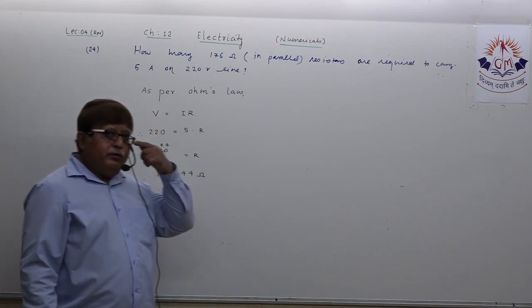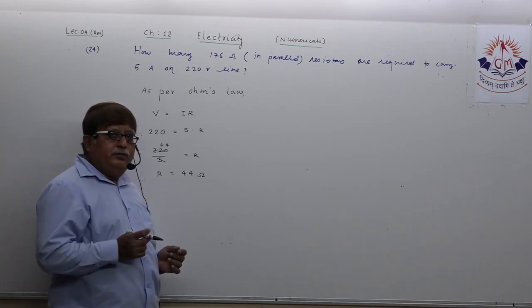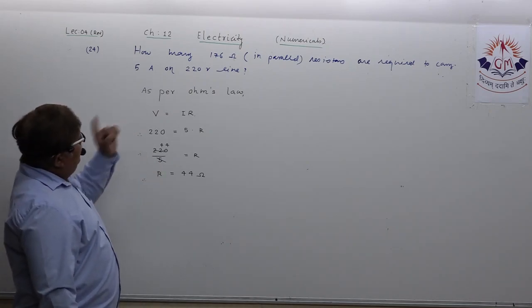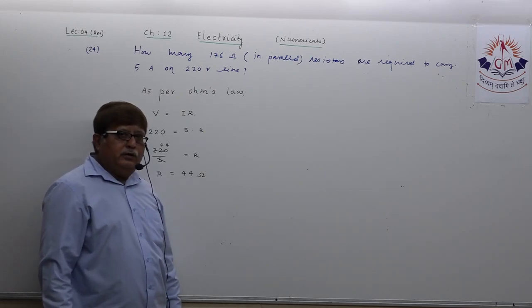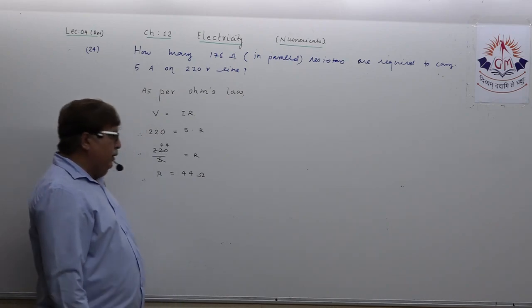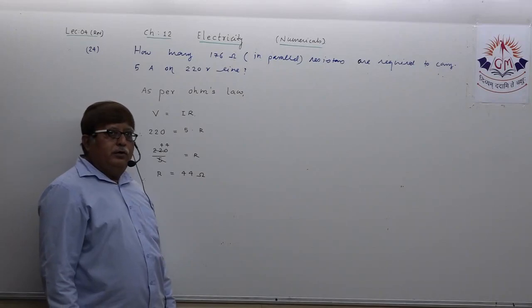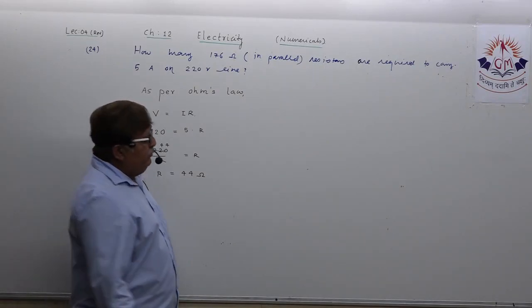Now the question is, how many resistors each of 176 ohm to be connected in parallel? Understand? Now, dear student, you got the total resistance of the circuit, and you have a few resistors.